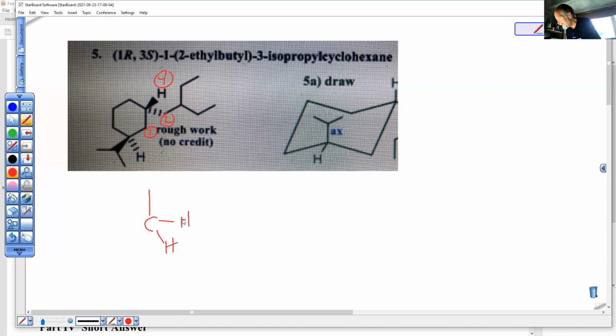I'm going down here. It goes to a C that has 1 H and a C and a C. I'm going to say the same thing going on the dash. A C with 2 H's goes to a C with an H and 2 C's.